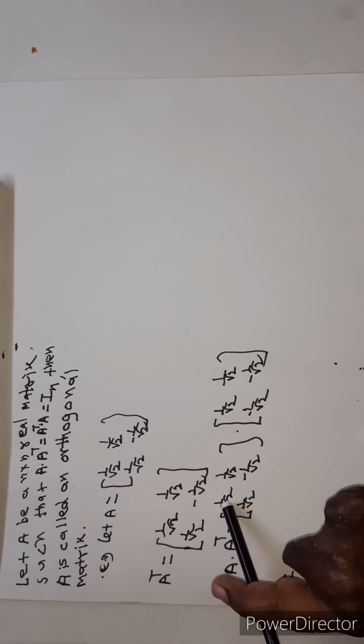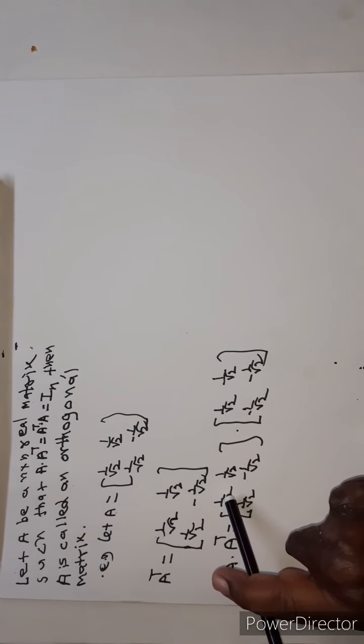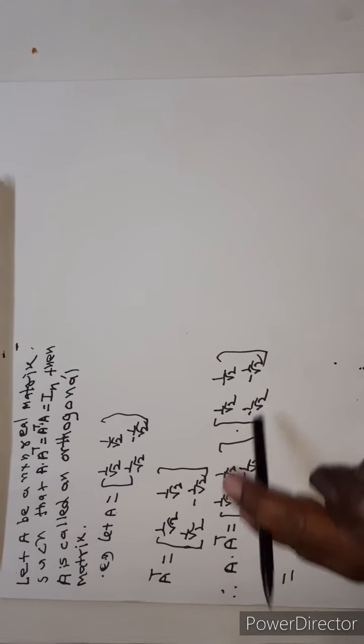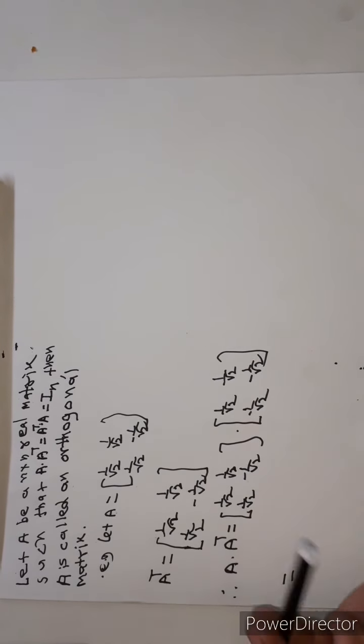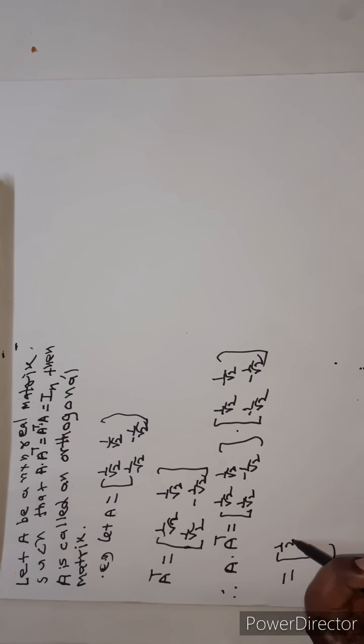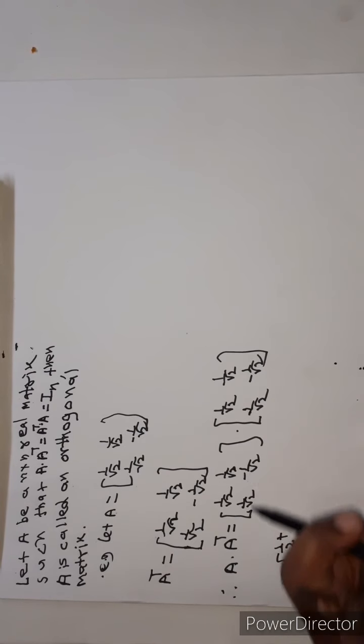We multiply corresponding elements of first row and first column and add them. Now 1 by root 2 times 1 by root 2 is 1 by 2, plus 1 by 2, is 1 by 2 plus 1 by 2.